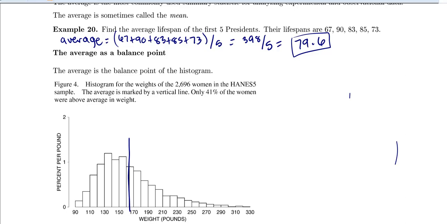And it does tell us that 41% of the women were above average. So 41% above average. This line is our average. And if 41% are above average, you always have to add up to 100%. So if 41% are above average, that means that 59% are below average.